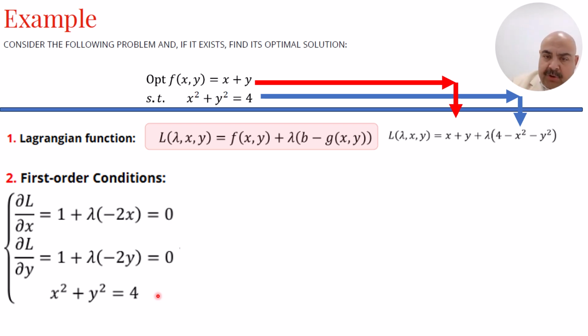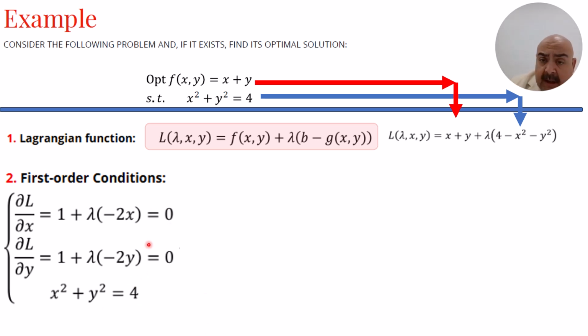So once more, what we have done is forming the Lagrangian function and getting the first partial derivatives with respect to its variables, which are x, y, and then lambda, which is going to recover the constraint. So I can use the constraint directly.